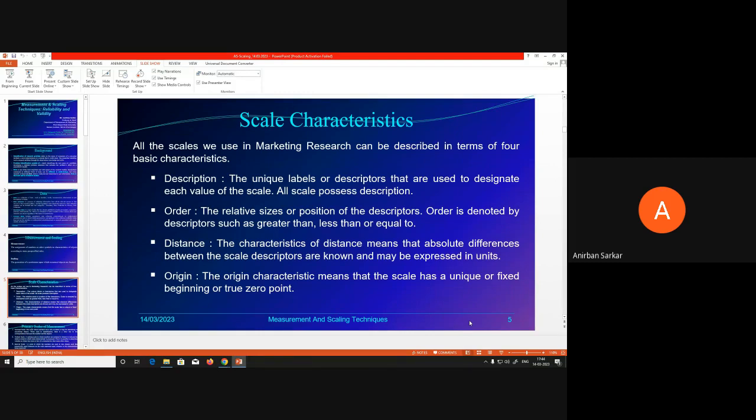This is clear to you? Yes, sir. So what is the difference between interval and ratio scale? Interval scale has an arbitrary 0 point, but ratio scale has a true origin. That is a true 0. This is the difference. I think it is clear to you now.